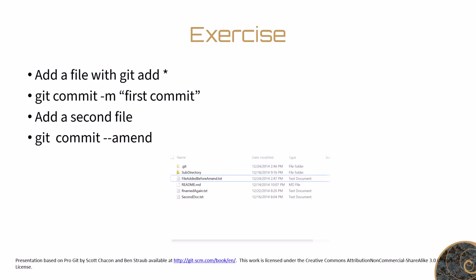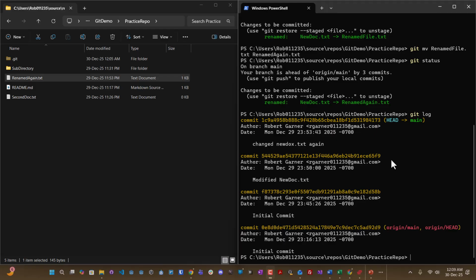So we're going to add a file. We're going to do a commit, then we'll add a second file, and then we'll amend the commit. And I think I'm going to commit this.